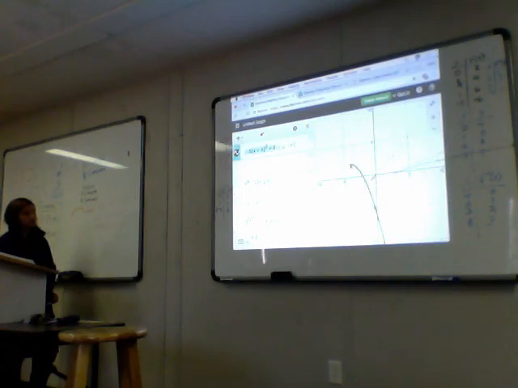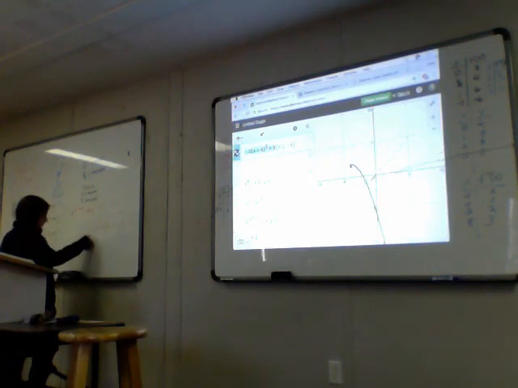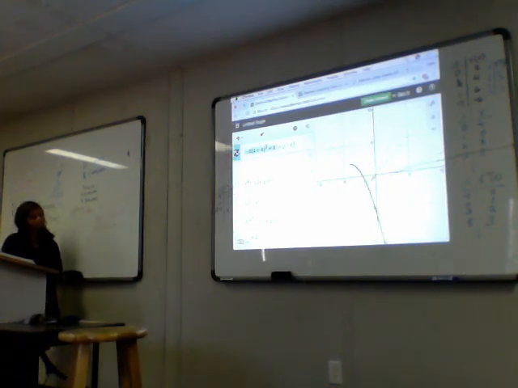The range was y values started at positive 2 and went down to negative infinity. So we always do it in number line order; we would say the range is from negative infinity to positive 2. So if that's the range of the original, is that the domain of our new one? Yeah. All right, so let's try that.